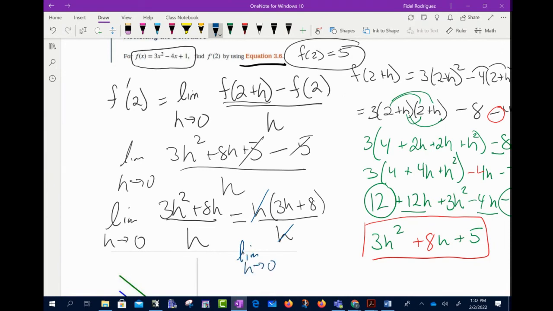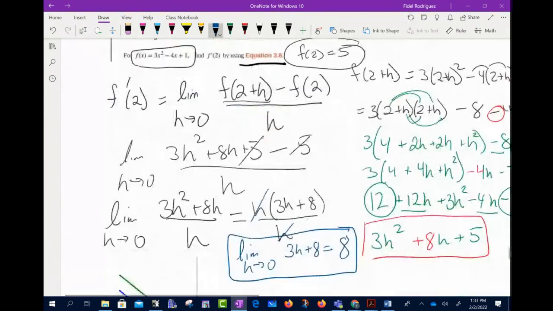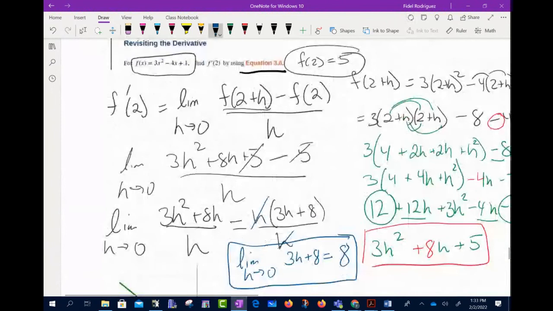And then we'll have the limit as h approaches 0 of 3h plus 8. What is that limit going to be equal to? Did we end up with the same thing when we did the problem earlier? Did we get 8 also? Yeah, we got 8 also, right?